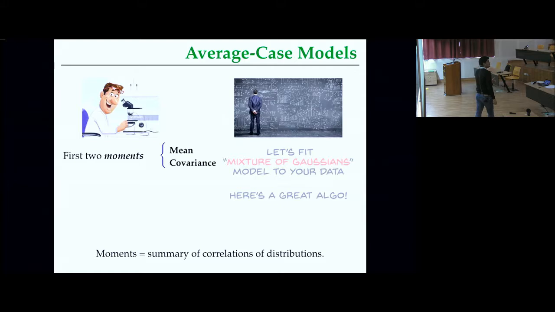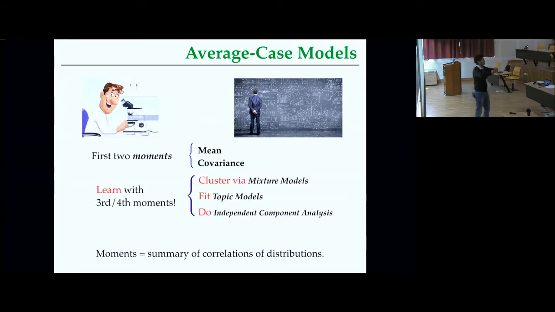But you can even think of higher moments, and higher moments are nothing but correlations of, basically some object that encodes correlations between all possible triples and quadruples and so on, okay? So in some sense, you can think of moments as summaries of correlation structure in the data.